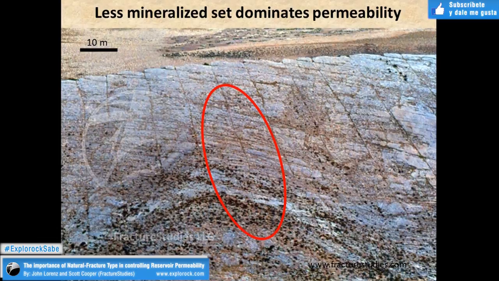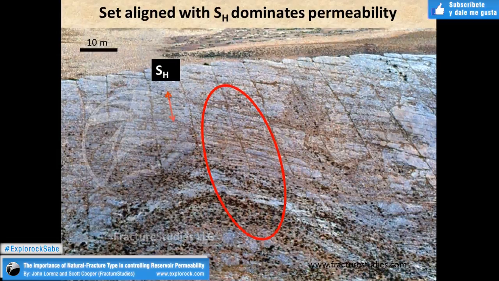One is that this set of fractures parallel to that is going to tend to stay open, whereas the fracture set that is normal to our horizontal compressive stress, or across it, will get squeezed shut. And so the set that is aligned with sigma big H, or our maximum horizontal compressive stress, will dominate the permeability in this case.